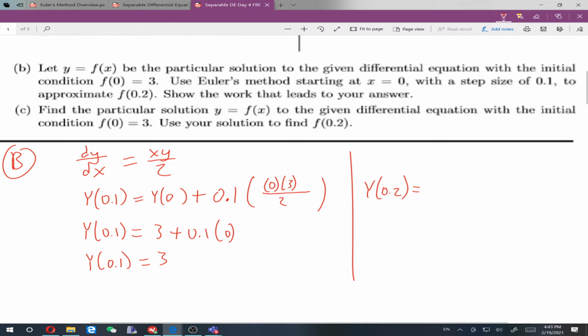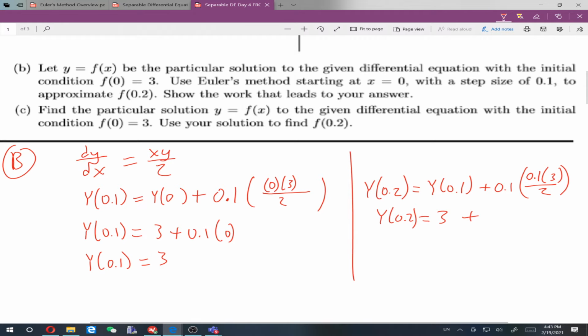So that's going to be my previous y value, which was y at 0.1, which is 3, plus 0.1 multiplied by 0.1 times 3 over 2. Perfect.